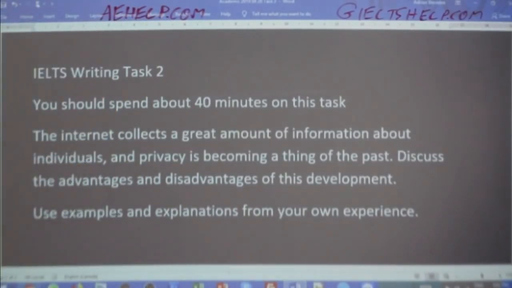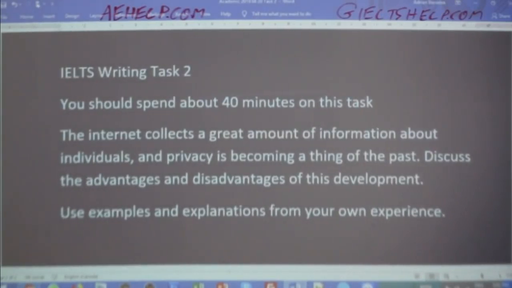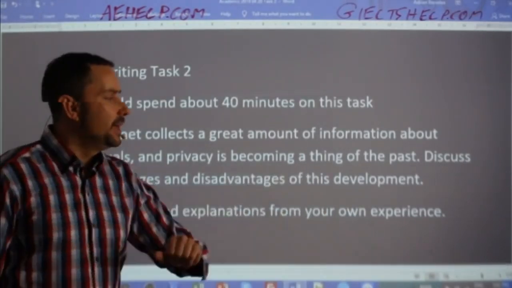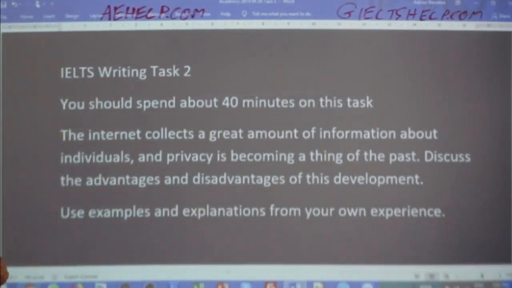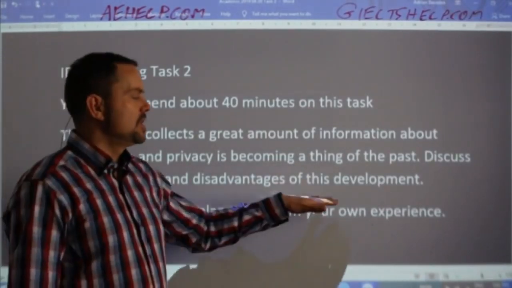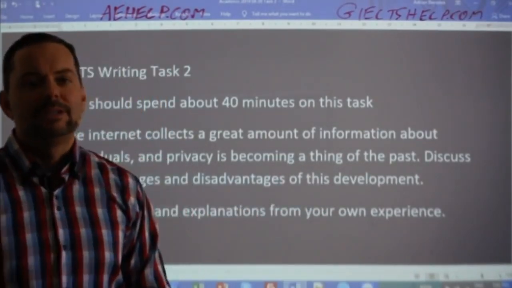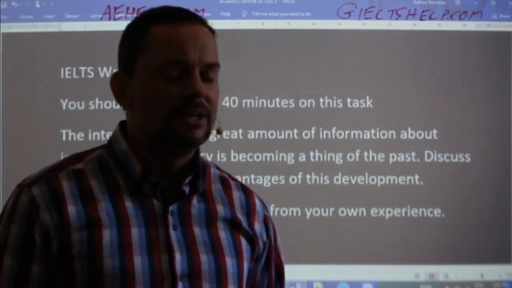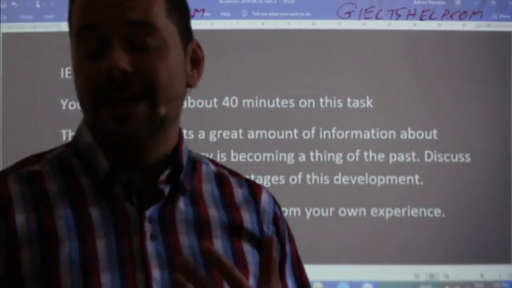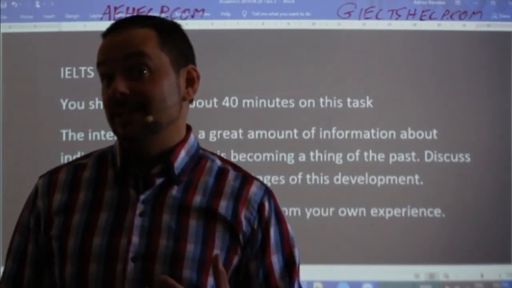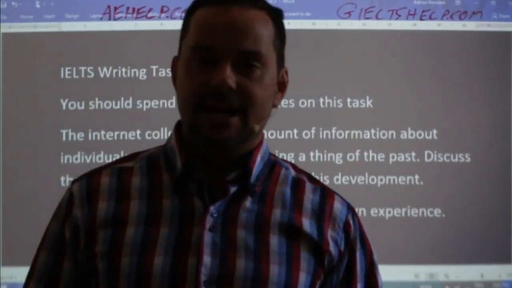The internet collects a great amount of information about individuals, and privacy is becoming a thing of the past. Discuss the advantages and disadvantages of this development. It's kind of a provocative and interesting question, and it's definitely a question that you might see somewhere in an IELTS exam.